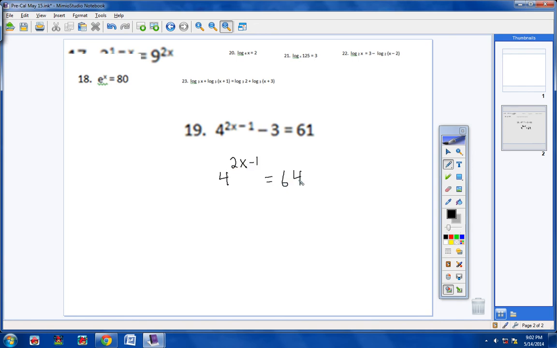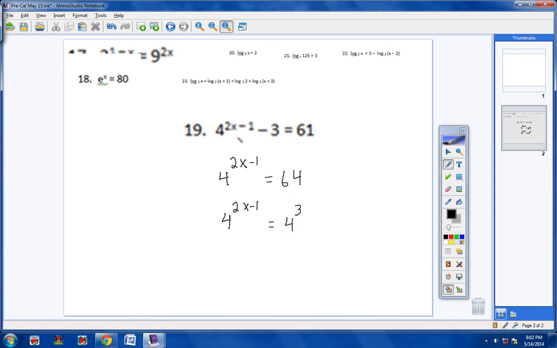Now, I think I can write both of these. Let's see. 4 times 4 times 4, 4 to the third power should be 64. Yes, it is. So I can write both sides with the same base. So I can leave 4 to the 2x minus 1 alone, and where the 64 is, I can write 4 to the third power, because 4 to the third power is 64.